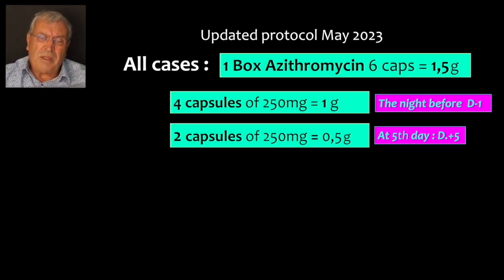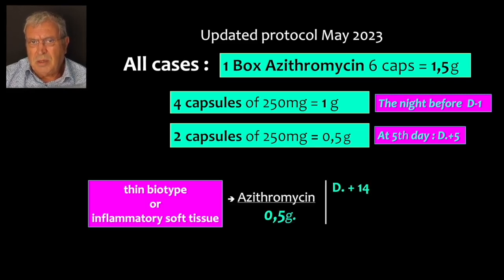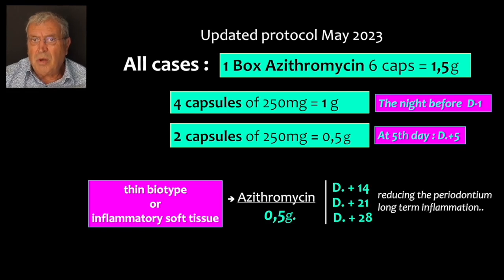We cover 2 weeks with this strategy, but we don't forget that the main issue is when we have a thin biotype or inflammatory soft tissue. Then it's logical to recommend to give the patient every week 2 caps during 2 or 3 weeks more, in order to help reduce the long-term inflammation in the periodontium.